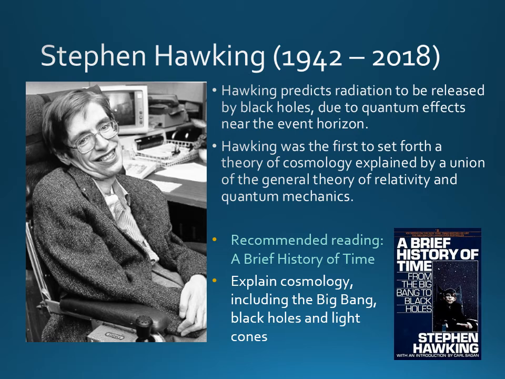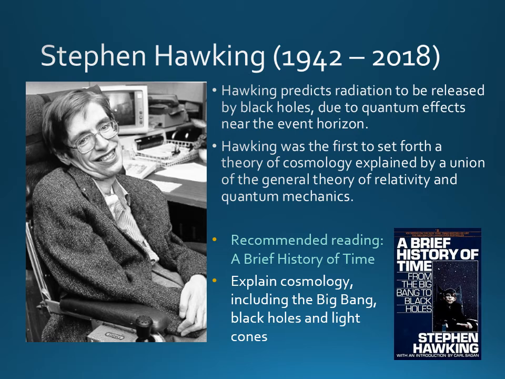Stephen Hawking was a well-known cosmologist and theoretical physicist. He collaborated with Roger Penrose on gravitational singularity theorems in the framework of general relativity, and on the theoretical prediction that black holes emit radiation due to quantum effects near the event horizon. Hawking was the first to set forth a theory of cosmology explained by a union of the general theory of relativity and quantum mechanics.